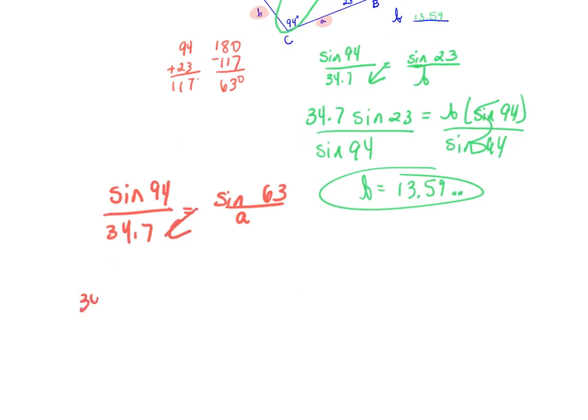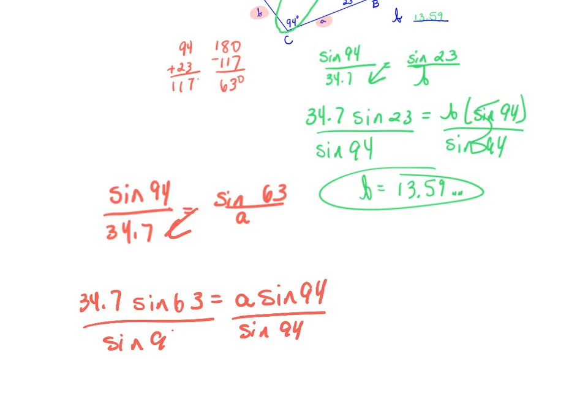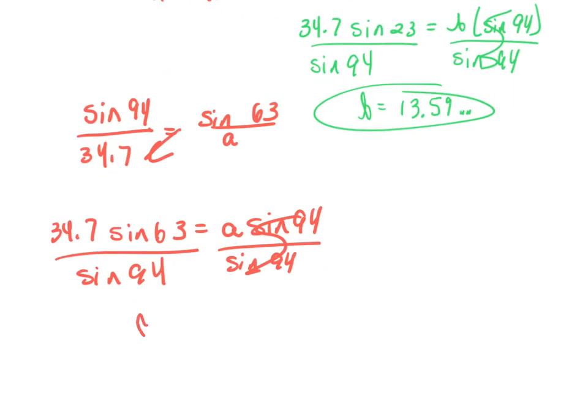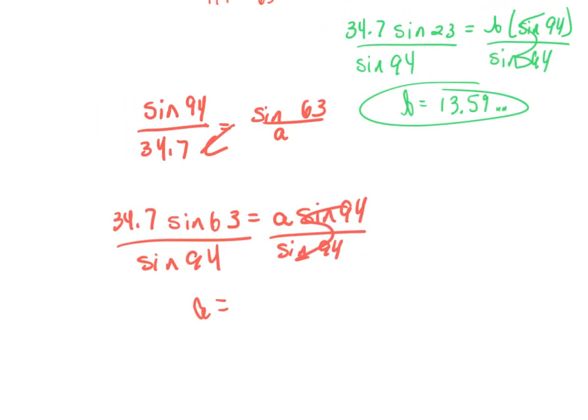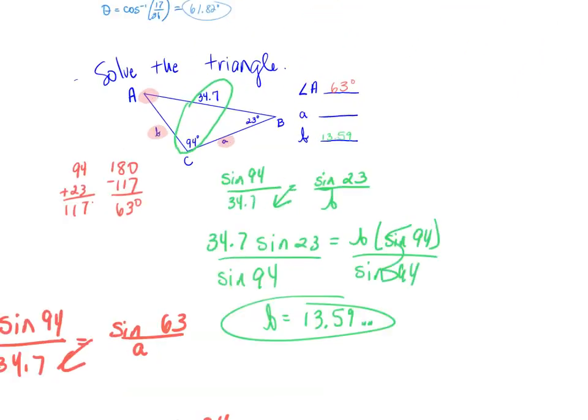Cross multiply. 34.7 times the sine of 63 equals A times the sine of 94. Divide by the sine of 94. And I get A is approximately, just do it on your calculator, 34.7 times the sine of 63 divided by sine of 94. And I get that side A is about 30.99 units, whatever those units may be.